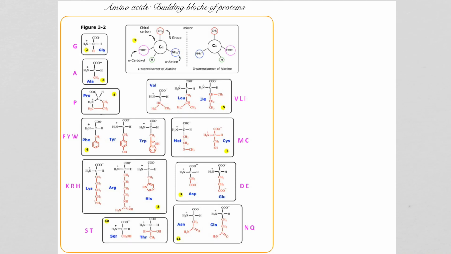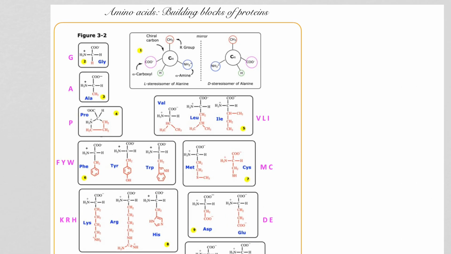For now, it is enough to know that a typical amino acid has an alpha carbon, and to the alpha carbon is attached the amino group or the amine group, and to the same alpha carbon there must be a carboxyl group, the acid. So the amino is the amine, the acid is the carboxylic acid.